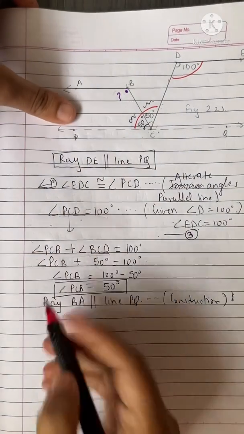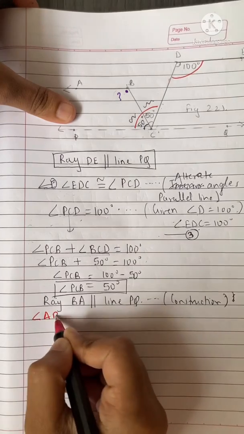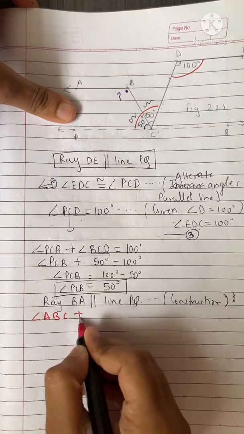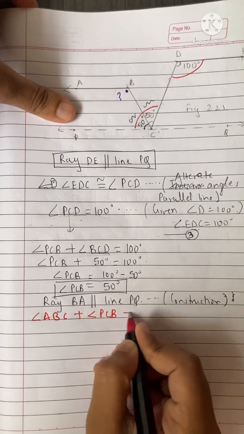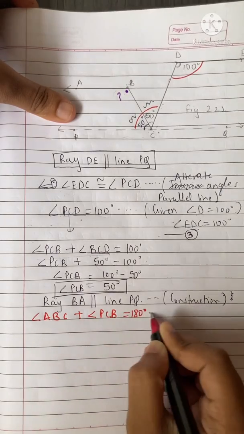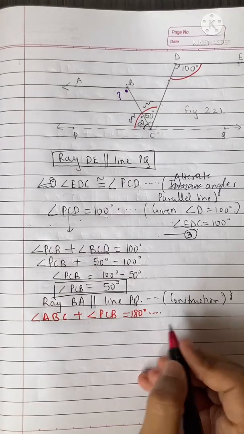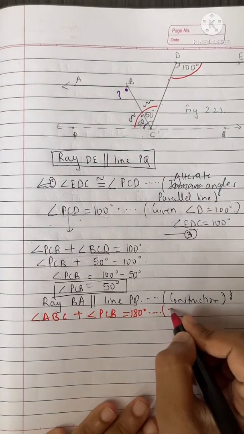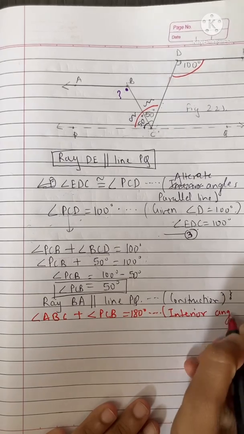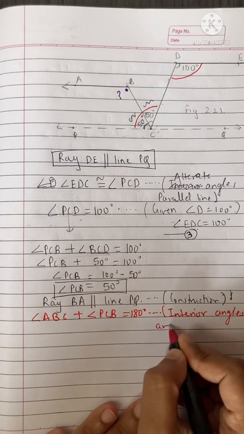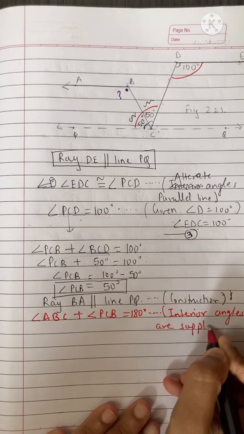Okay, so write down angle ABC plus angle PCB equal to 180 degree. Why are they equal to 180 degree? Because interior angles are supplementary.